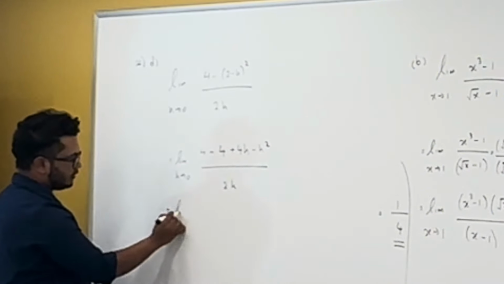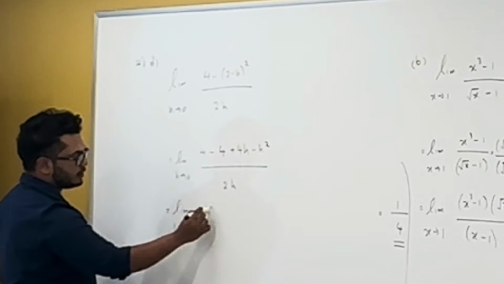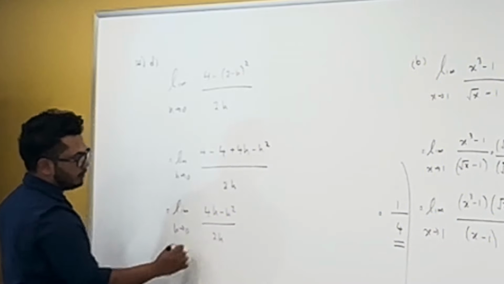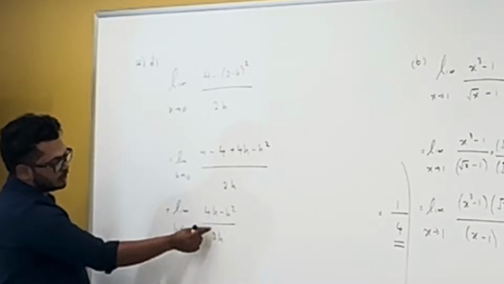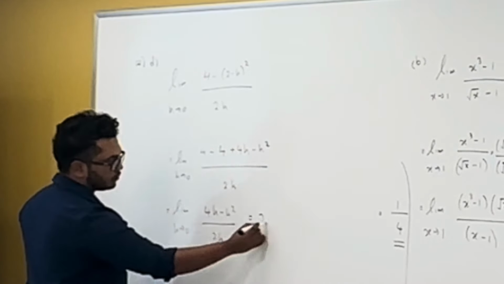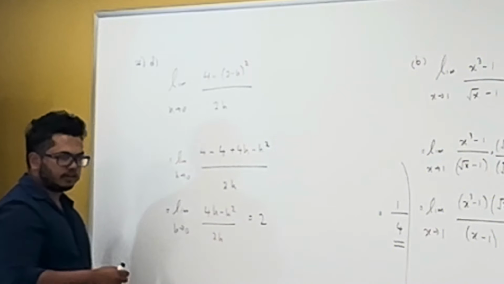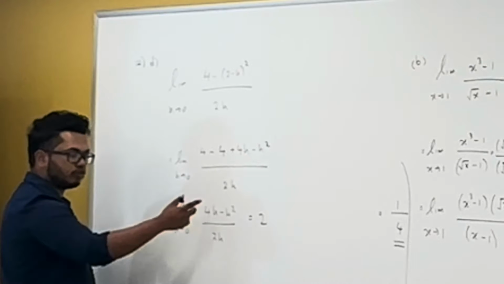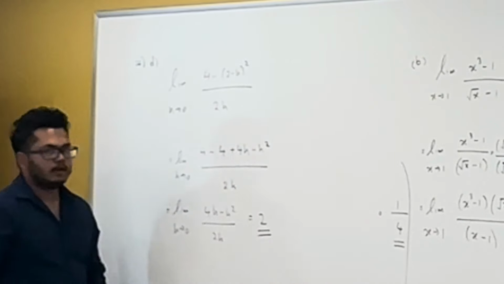So now you have 4h and h to the power 2, and you have 2h in the denominator. When h goes to 0, 4h and 2h you can simplify to 2. You have h to the power 2, if you divide by h, it's still h, and when h goes to 0, it disappears. So the answer is 2 in this case.